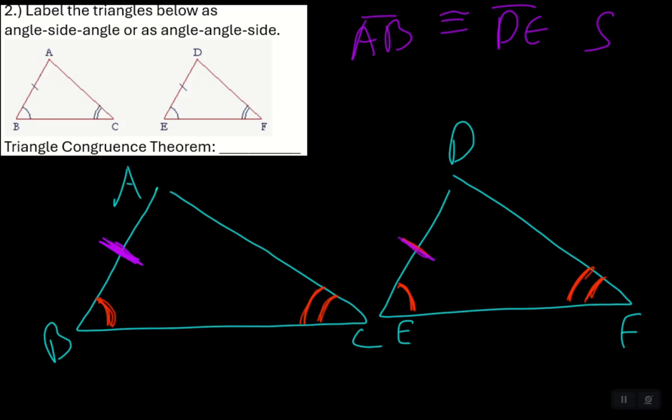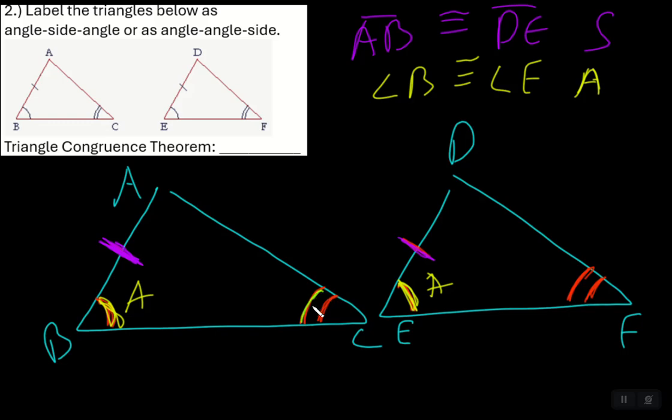Okay, and of course that's a side. And let's shift gears here to nice yellow. Then I see one arc. And remember, what does an arc represent? Well, an arc represents an angle. And it's telling me that because this has one arc and that has one arc, these angles are congruent. So now I can say angle B is congruent to angle E. And hey, that's an angle. And then y'all, let's go ahead and use one more different color here.